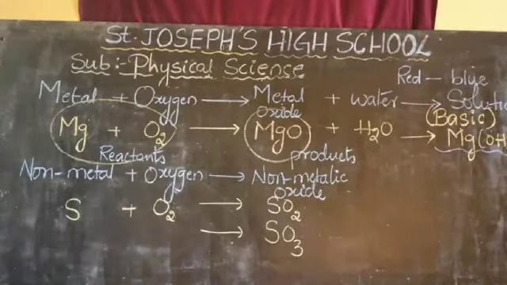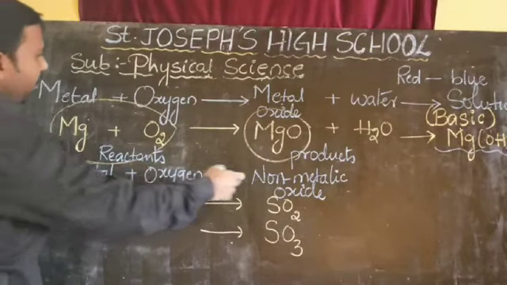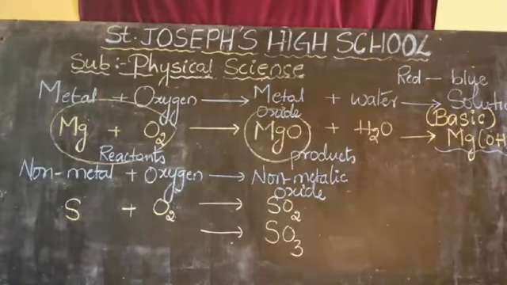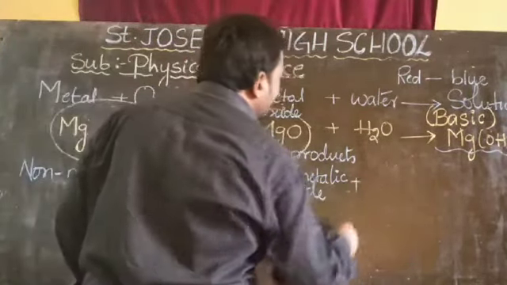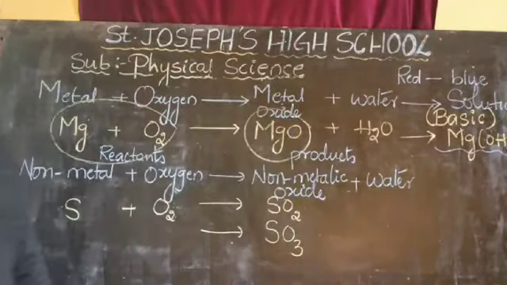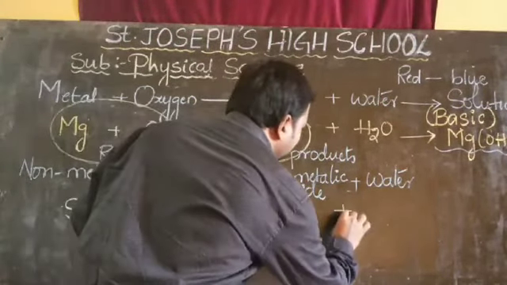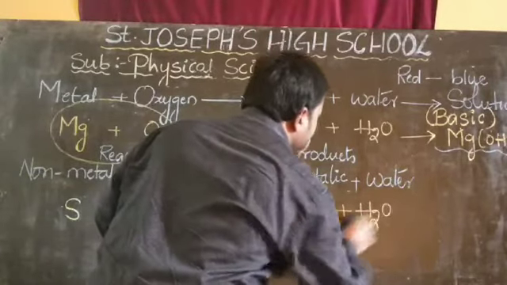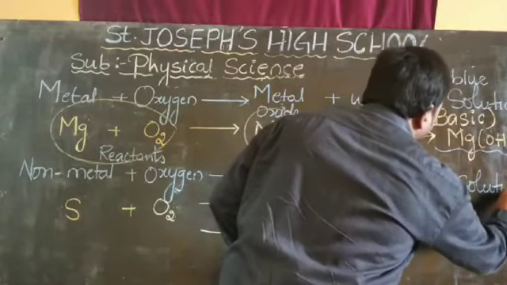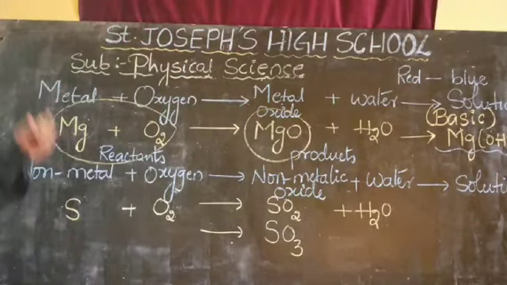Next, we will see the non-metals. When non-metal reacts with oxygen, we get non-metallic oxide. Yesterday we learned, when this non-metallic oxide is dissolved in water, whatever solution we get, we test with an indicator, that is litmus paper.